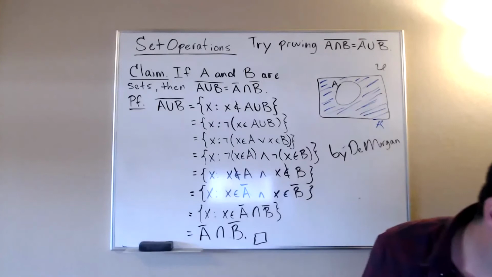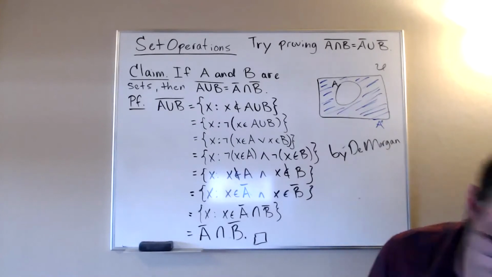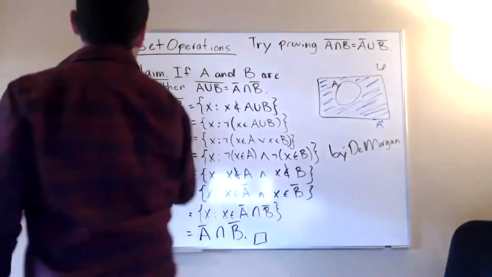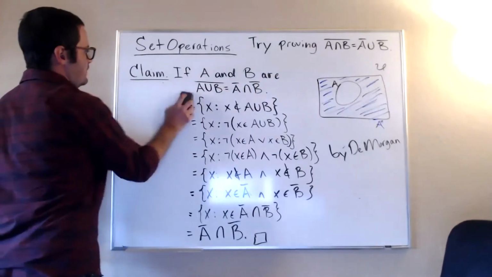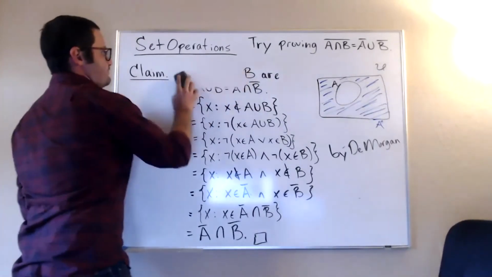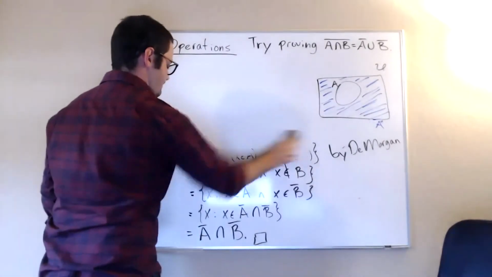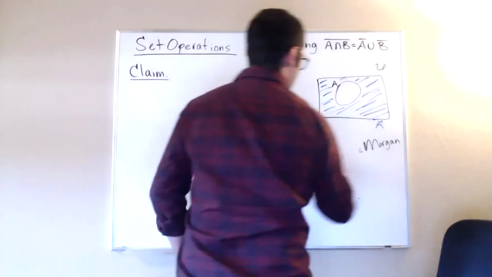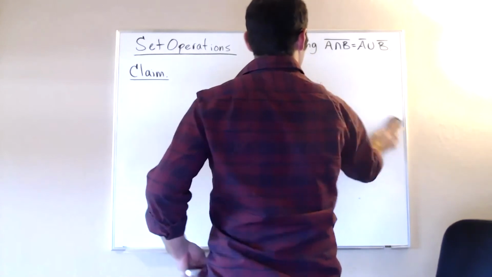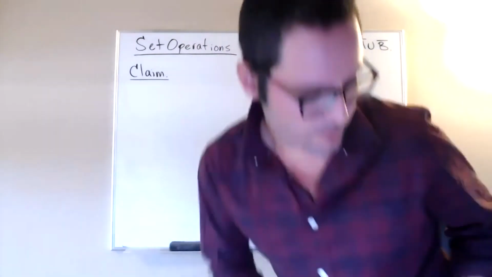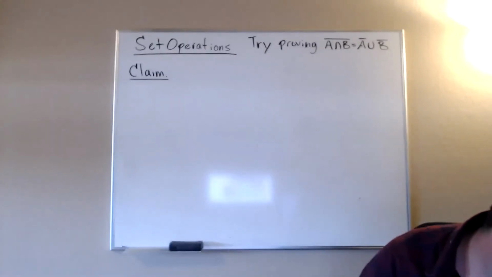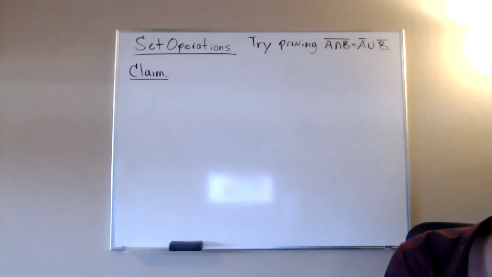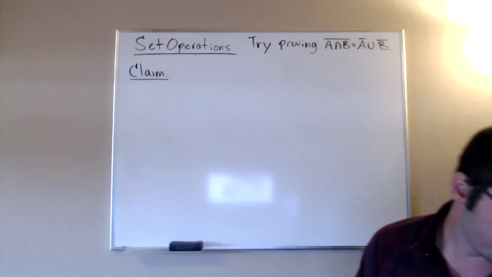Okay, so let's look at one of these. Okay, so let's see. A minus B minus C is a subset of A minus C.